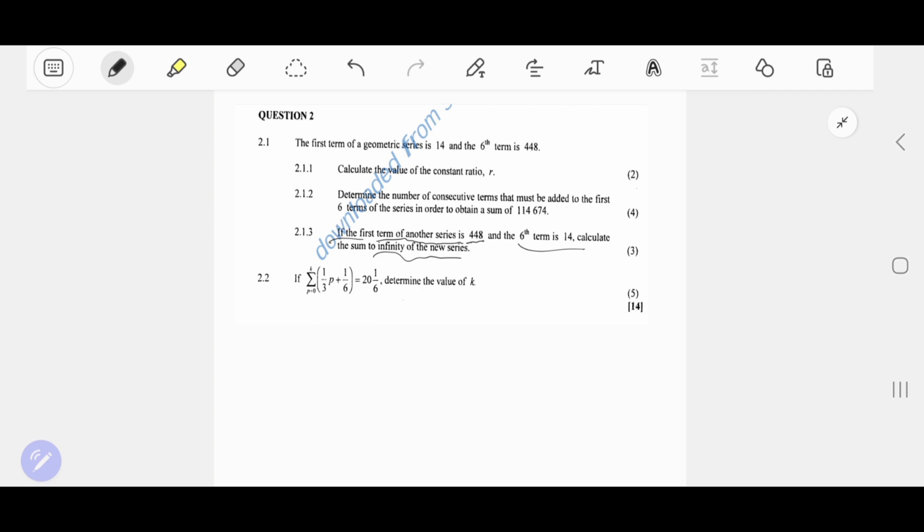Can you see that? So it's that information that I gave you. We're talking about the first term, meaning your A can be written as 448, because you are given the actual value. And then they're saying the sixth term is 14. So we know that T6 is equal to 14.